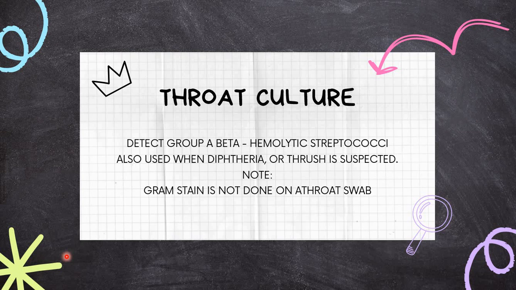They are also used when diphtheria, gonococcal pharyngitis, or thrush, caused by Candida species, is suspected. When the specimen is being obtained, the swab should not touch only the posterior pharynx, but both tonsils or tonsillar foci as well.